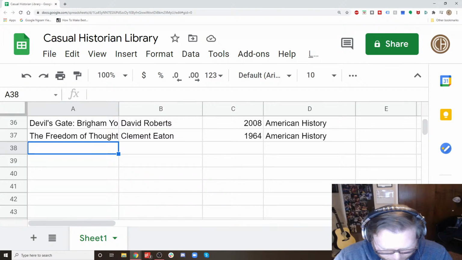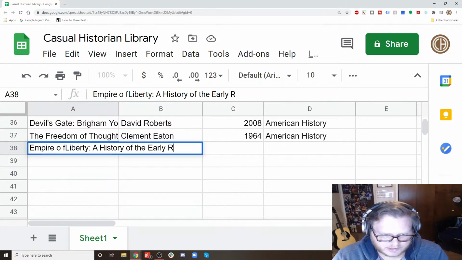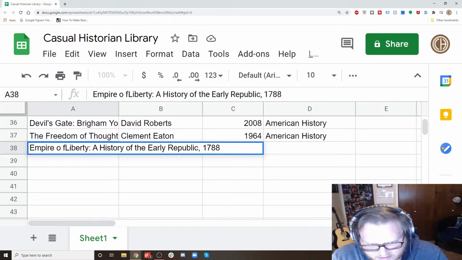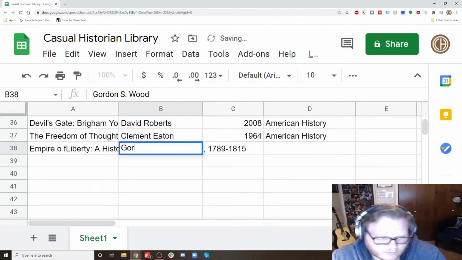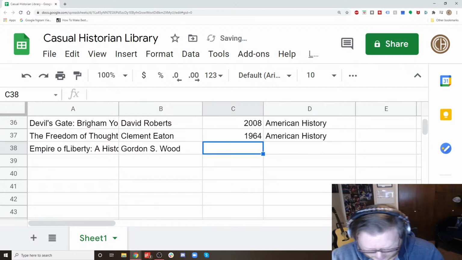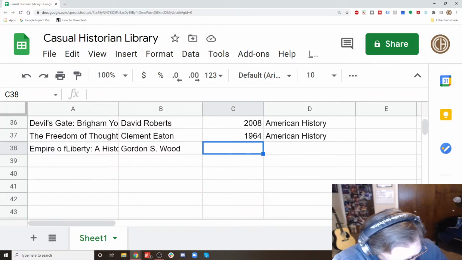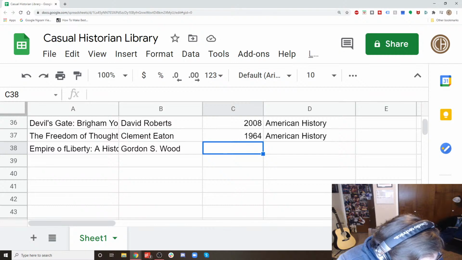We got another book from Gordon Wood here, Empire of Liberty, A History of the Early Republic, 1789 to 1815, by Gordon S. Wood, published in 2009.